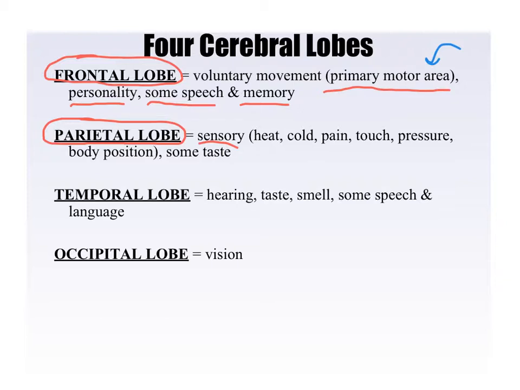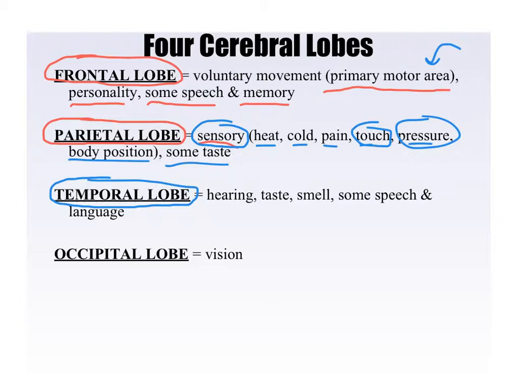In the parietal lobe we have the primary somatosensory cortex, which is the part of your brain responsible for receiving incoming sensory information and turning that into a particular feeling, like, hey, I feel pressure, or hey, I feel somebody is touching me. So this is the part of the brain which receives the sensory information from your peripheral nervous system and translates that into some sort of feeling. Also some taste.